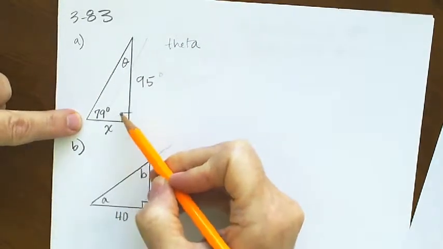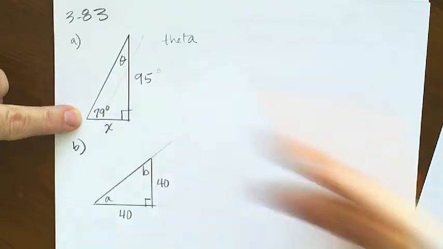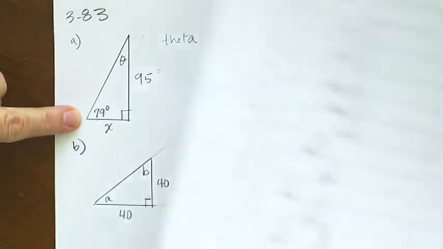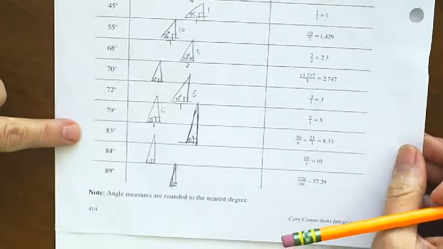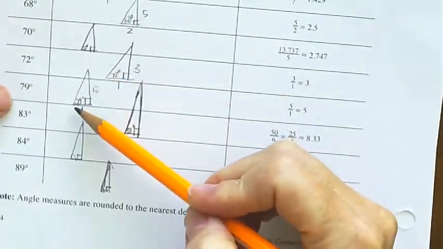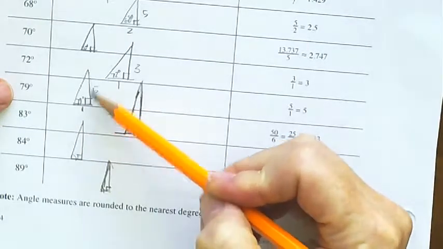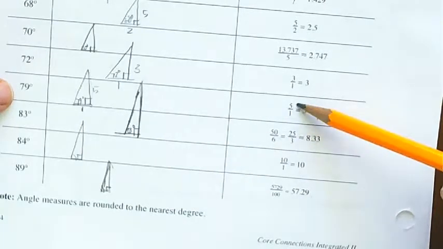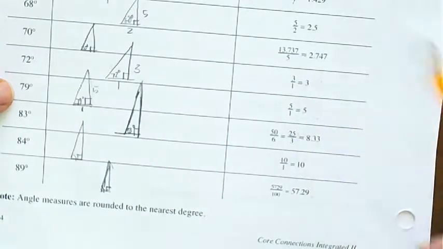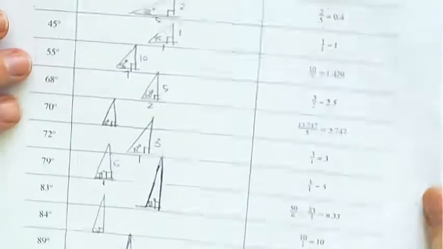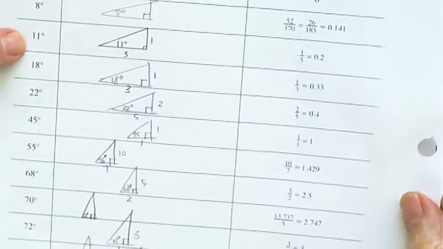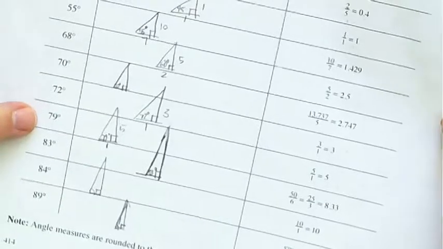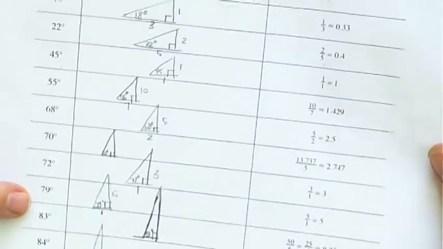So I'm going to look at this slope triangle for 79 degrees, which I have on my trig table graphic organizer. And the slope for 79 degrees is 5/1. The rise is 5, the run is 1, because that's the complement of 11 degrees. 11 degrees and 79 degrees are complements, and that means they add up to 90 degrees.